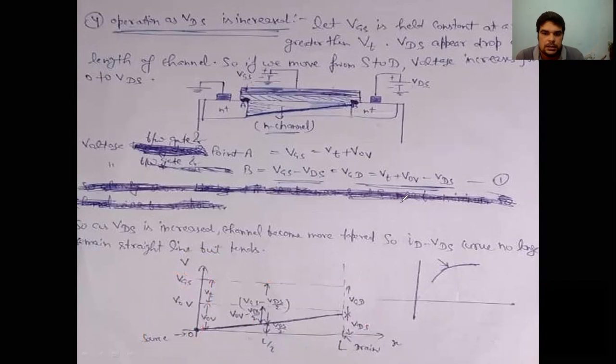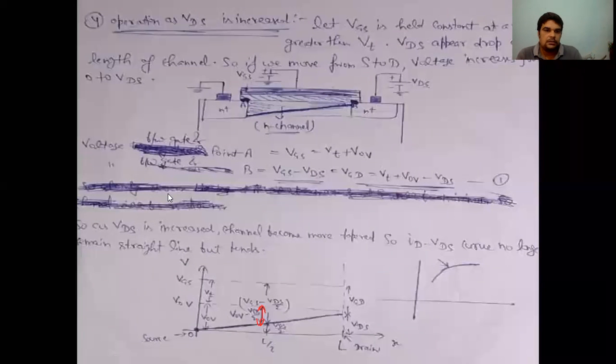As you can see here, the effective voltage across the channel is the overdrive voltage minus VDS by 2. So this equation we need to consider in calculating the charge.